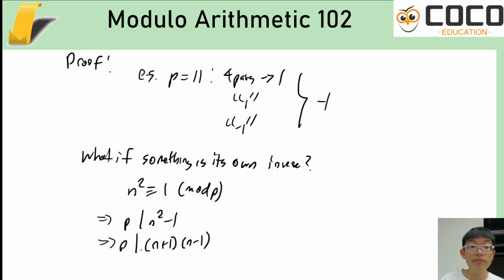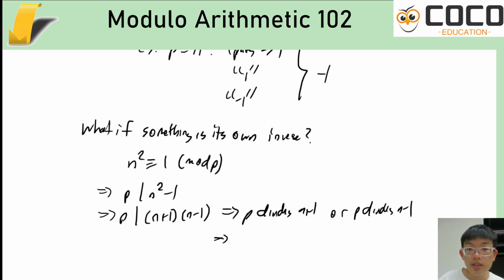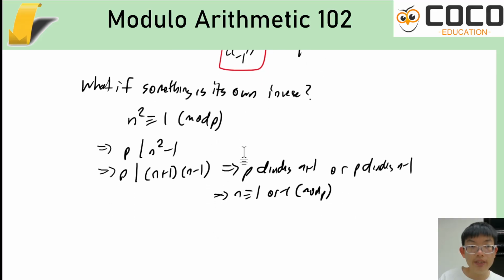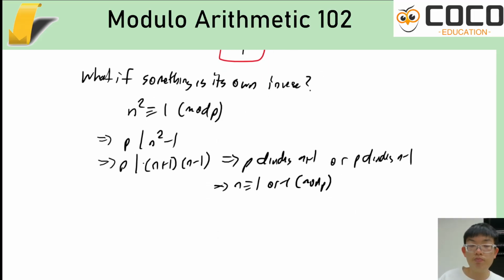And we know that if a prime number divides this, it means that p divides either n plus 1 or n minus 1, which in turn means that n is congruent to 1 or minus 1 mod p. So the only way that something is its own inverse is 1 and minus 1, and it will therefore prove Wilson's theorem, giving us nice, straightforward conclusions for the factorials of things that are 1 less than a prime number.